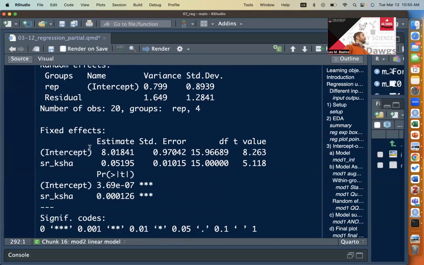On the fixed effects, now there is a difference. It still has the intercept, but now it has this line here for seeding rate. It has an estimate of 0.05. This estimate is the slope. So the slope of this relationship is 0.05. And both of them are highly significant as well, as we see on the p-value.